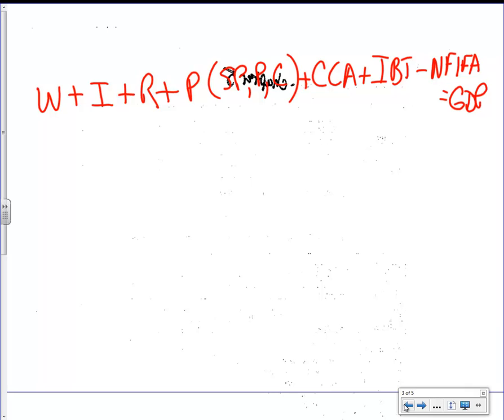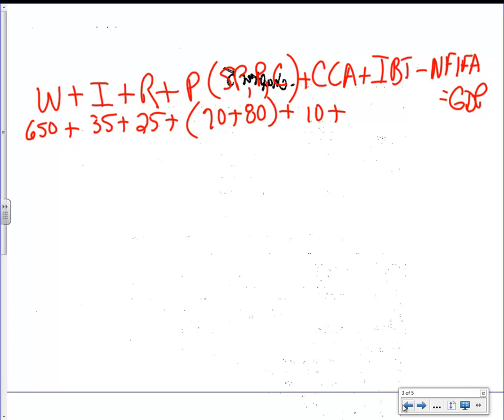So in looking at this, we have the following. We have wages given to us at $650. We have interest given to us at $35. Rents given to us at $25. We have sole proprietorship and corporate profits, $70 and $80. We have capital consumption allowance at $10.